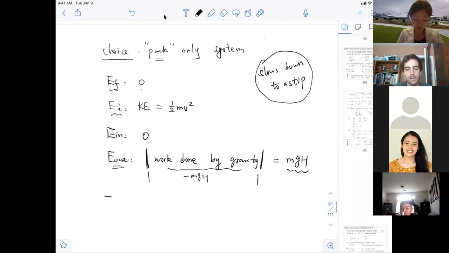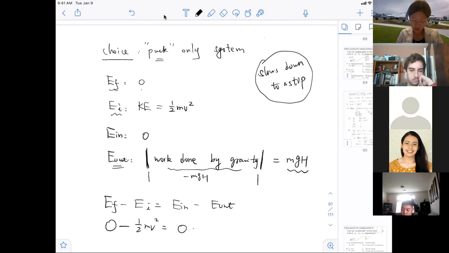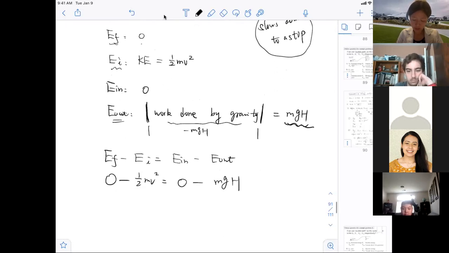So to put everything together, let's see if we get the same result as before. Final is 0, initial is kinetic energy, input is 0, output is, we use this positive value, mgh. And what do we get? We get the same results as before. You can cancel the negative signs.